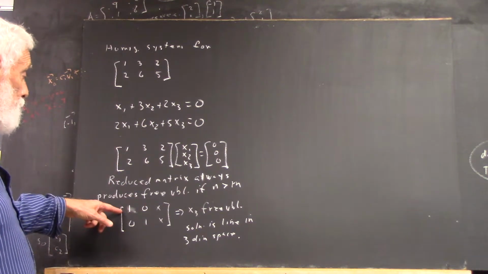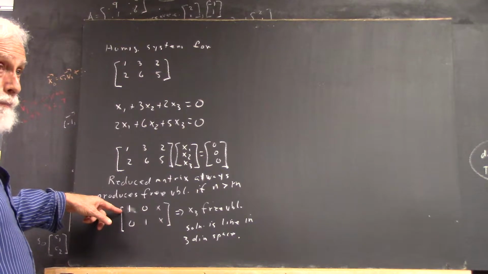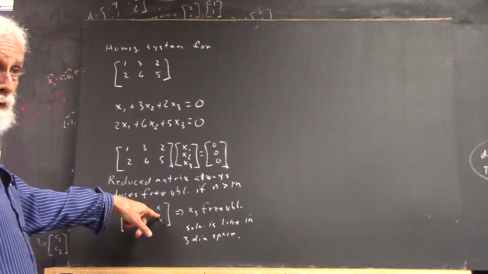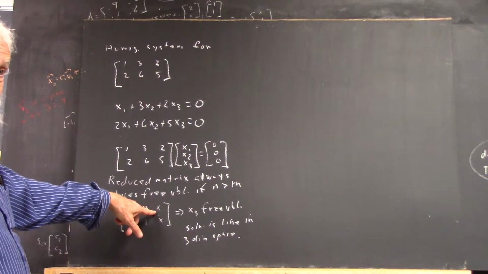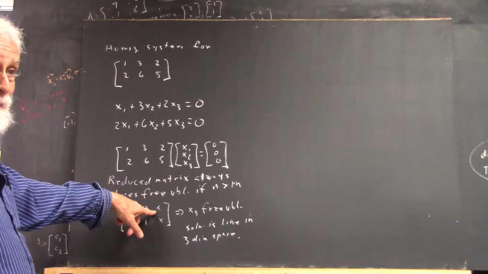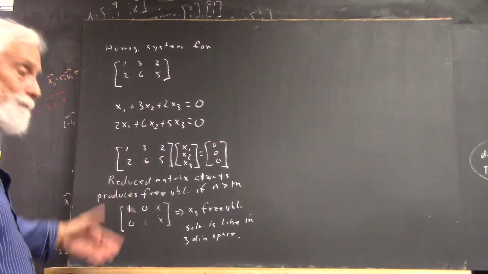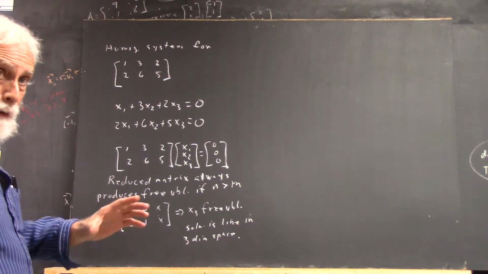You're going to get x1 equals whatever this is, negative of whatever this is, times x3. And if x3 is t, okay? Make sense? Everybody understand?